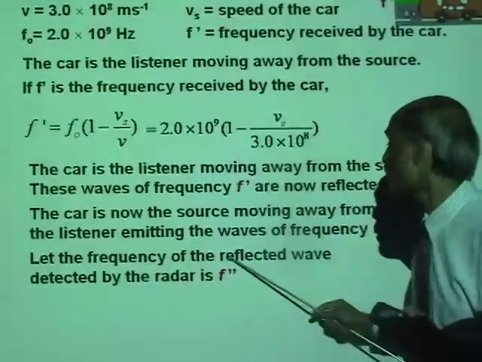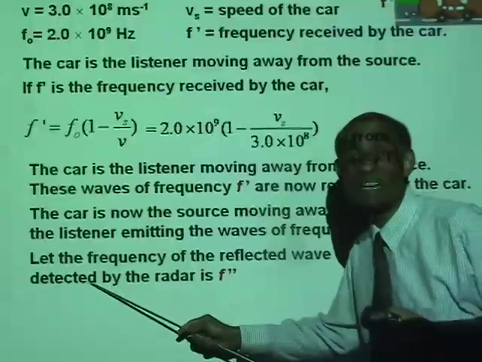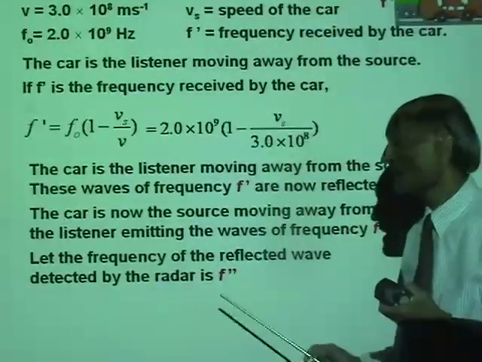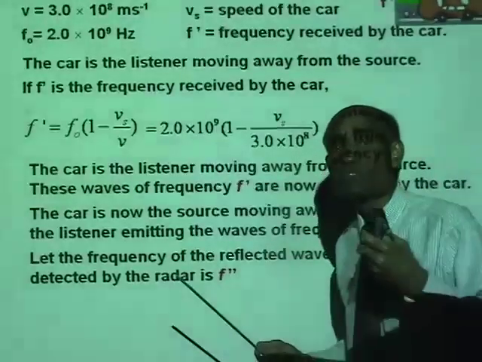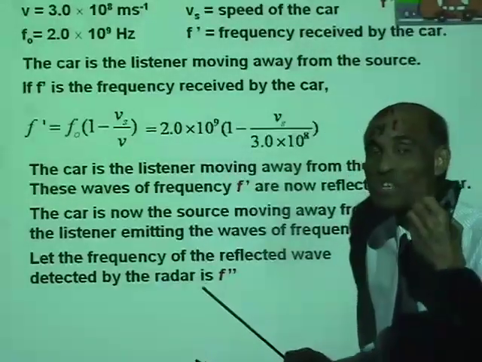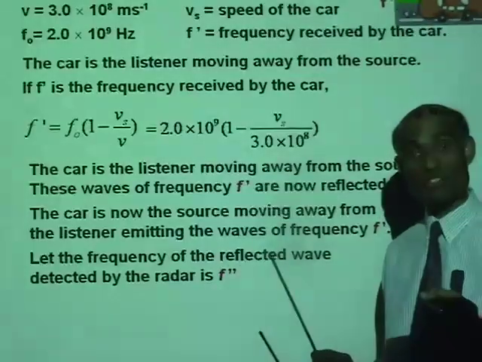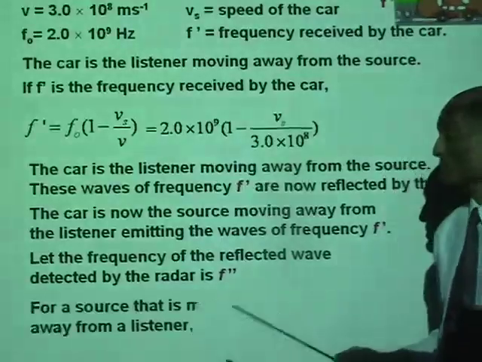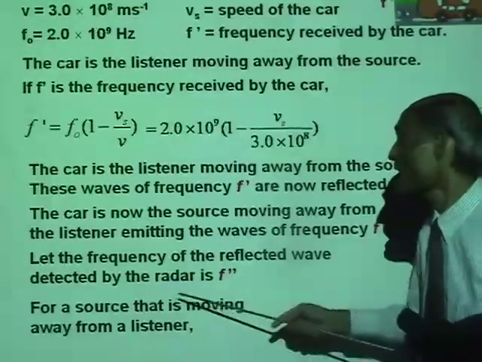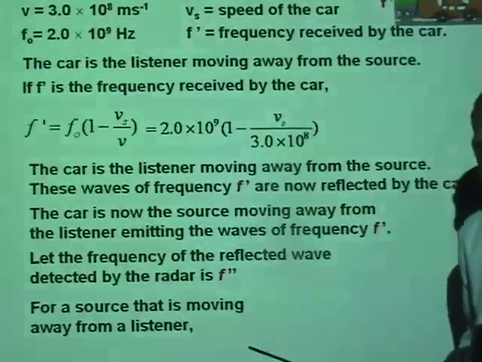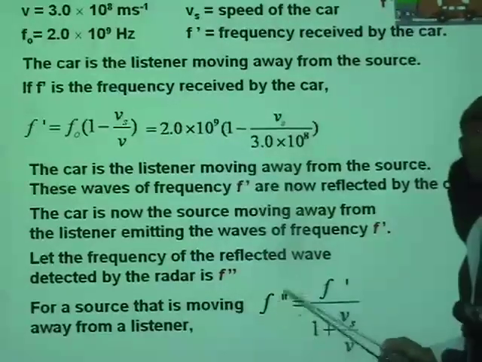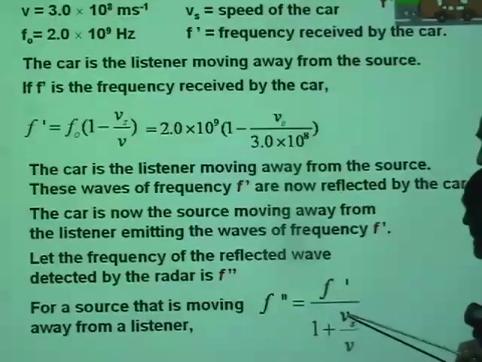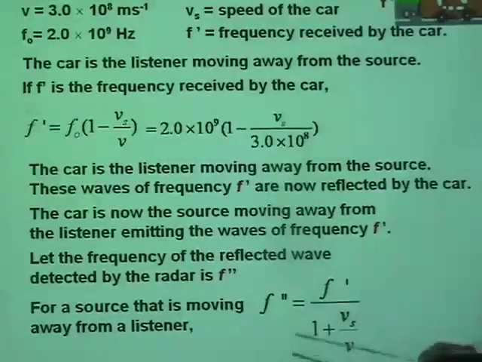Let the frequency of the reflected wave detected by the radar be F double prime. Now, F double prime is the frequency as received by a stationary listener, and the source is now moving away. So here, for a source that is moving away from a listener, F double prime equals F prime over 1 plus Vs over V. Is that right?